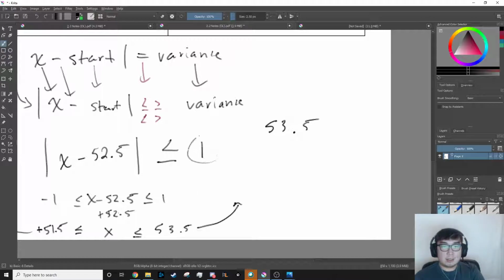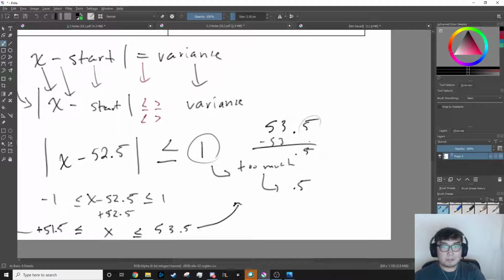So this amount is too much. By how much? I can tell by subtracting this by 53. It's too much by 0.5. So my 1 isn't my answer for my variance. My variance is actually 0.5.